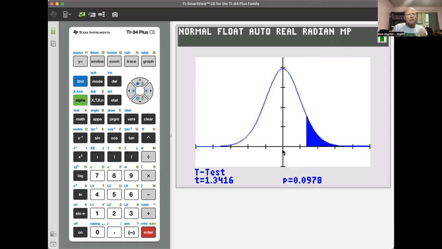So about a 10% chance of this happening is not really that unusual. Once it gets under 5%, we start saying it's unusual enough that we think we've got strong evidence. That's the idea of what we're doing.